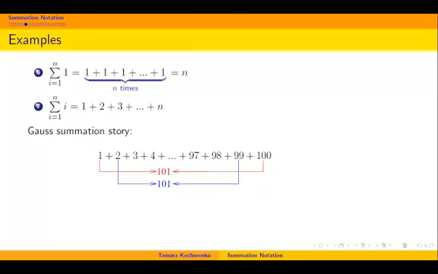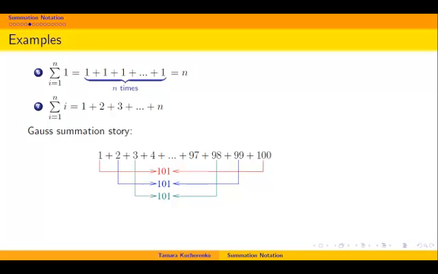He added 3 and 98 and once more got 101. Gauss observed that the sum of pairs of numbers from each end working in toward the middle is the same value, 101.